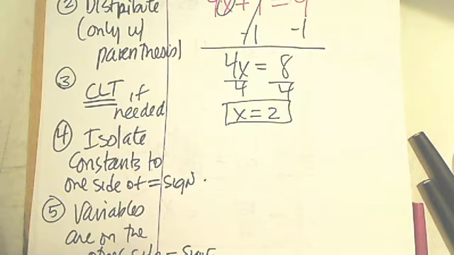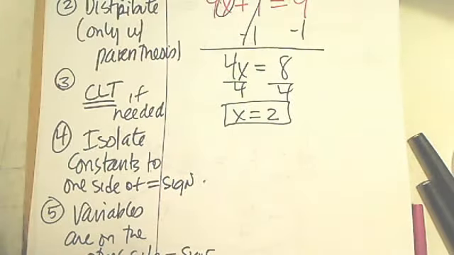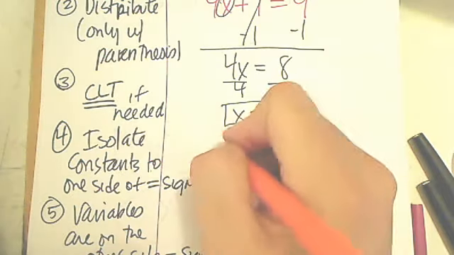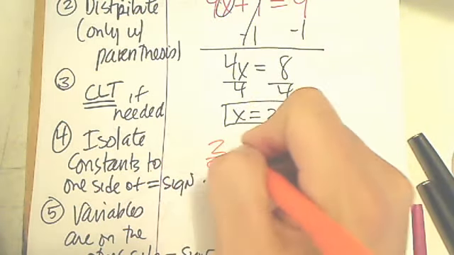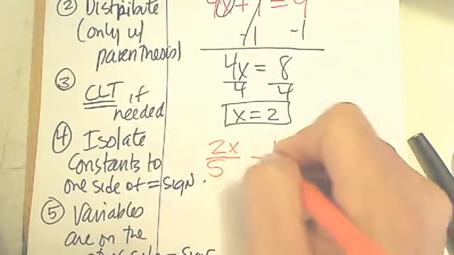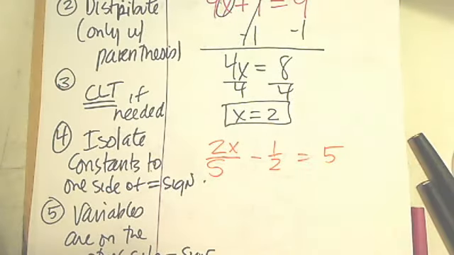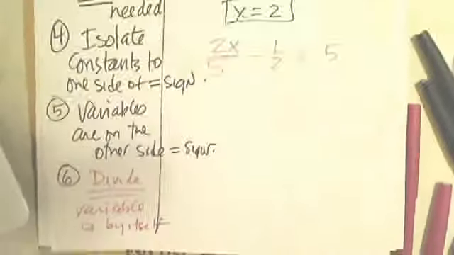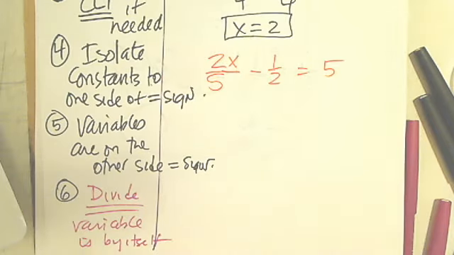Now, that's kind of the gist of the lesson today. I'm going to make this a little bit more challenging by adding a fraction: 2x over 5 minus 1/2 equals 5. I'm going to have you work on this.